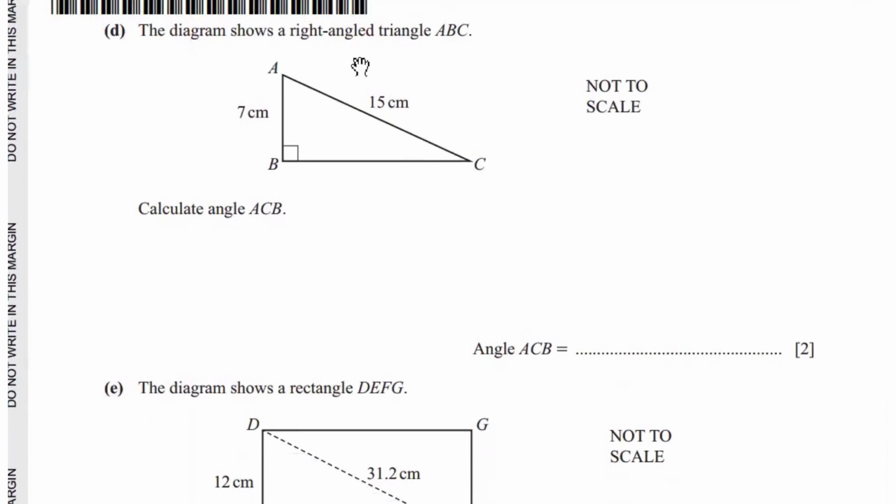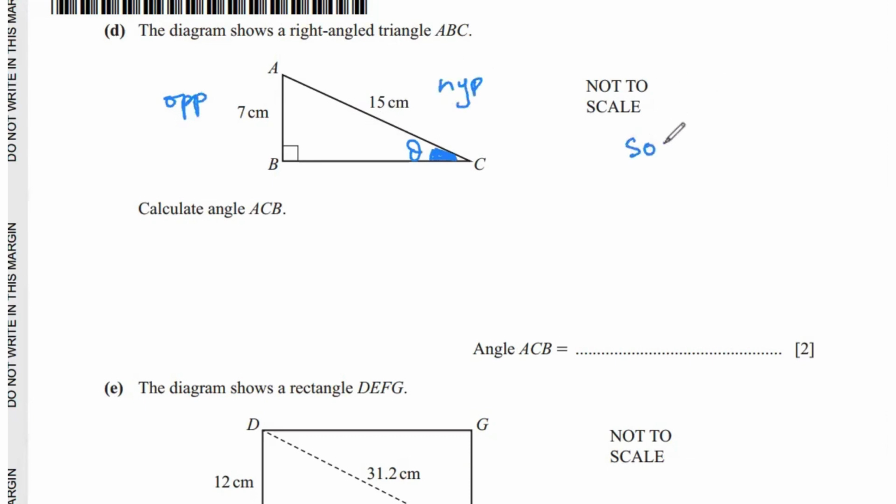Part D says the diagram shows a right angle triangle ABC. Calculate the angle ACB. This is the angle that we have to find. So we have AB, which is basically the opposite, AC, which is the hypotenuse.